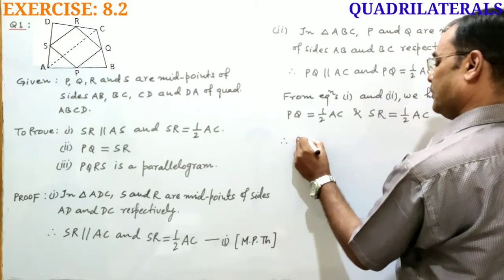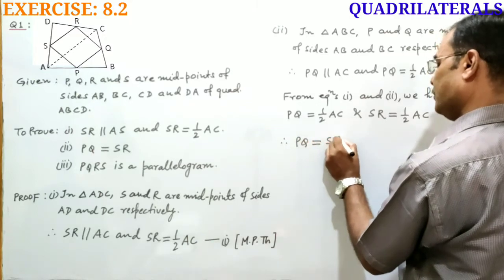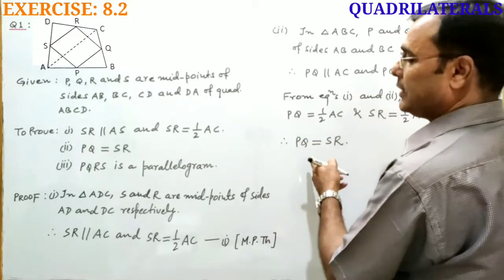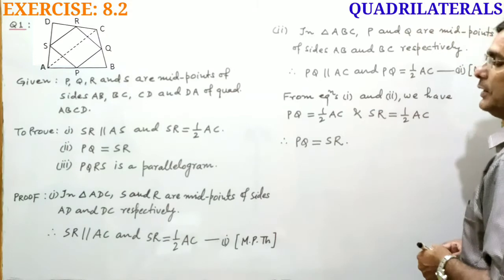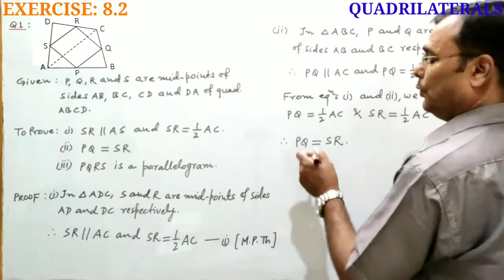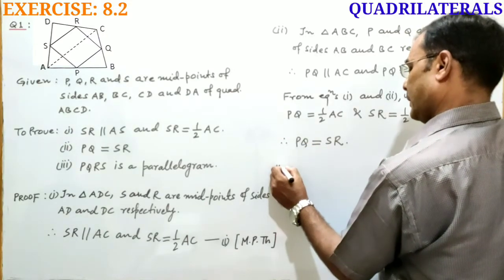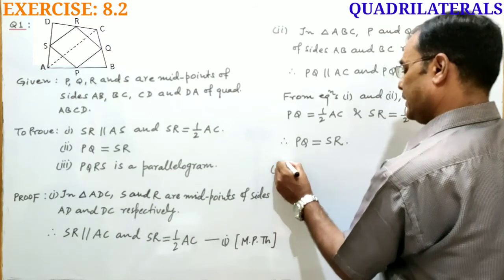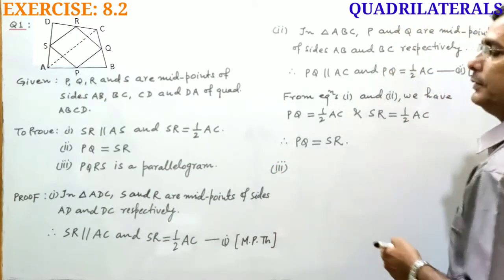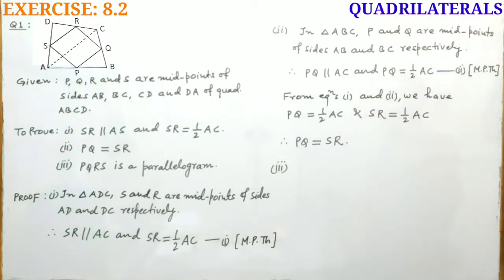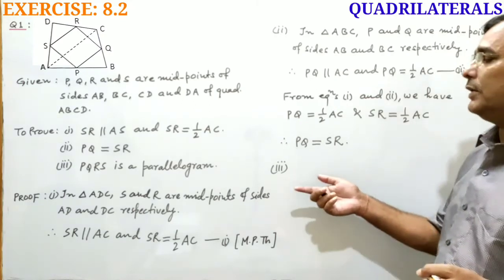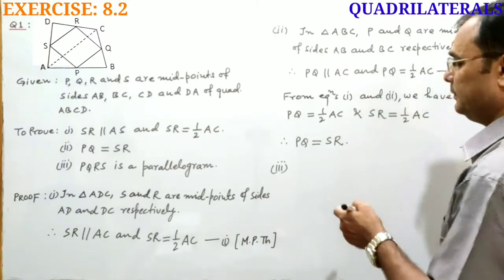Therefore, PQ is equal to SR, because things which are equal to the same thing are equal to one another. This is second part. Now let's move to third part, where we have to prove that PQRS is a parallelogram.